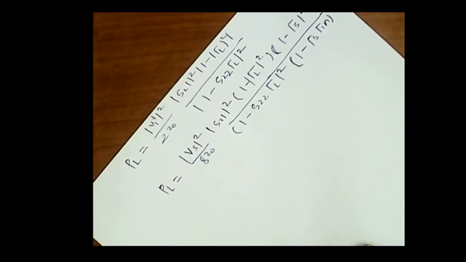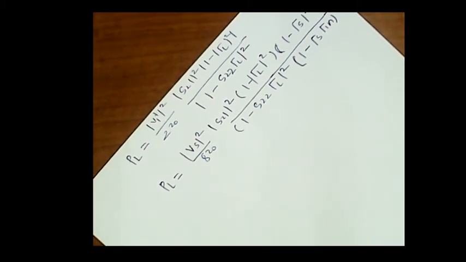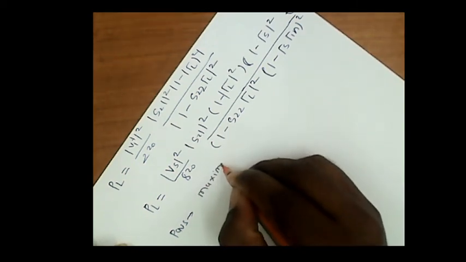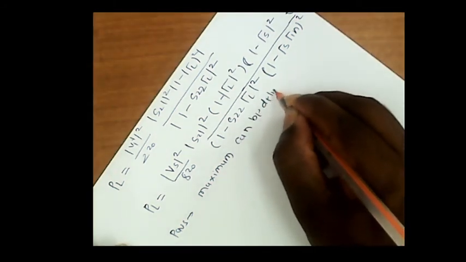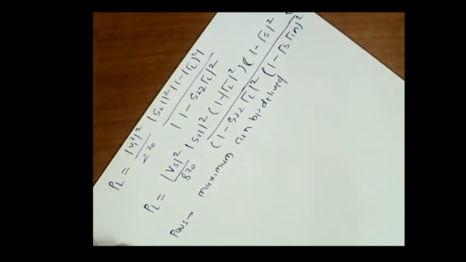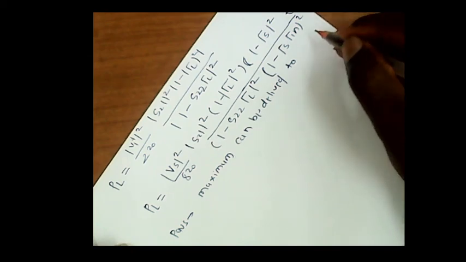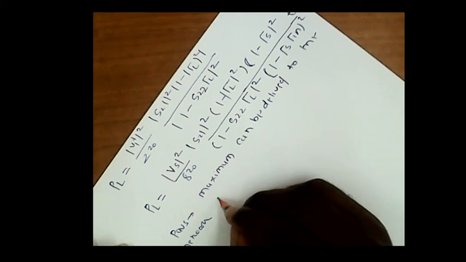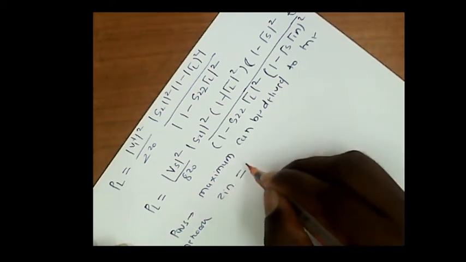Now, the power available from the source: maximum power can be delivered to the network when the input impedance Zin is the complex conjugate of the source impedance.